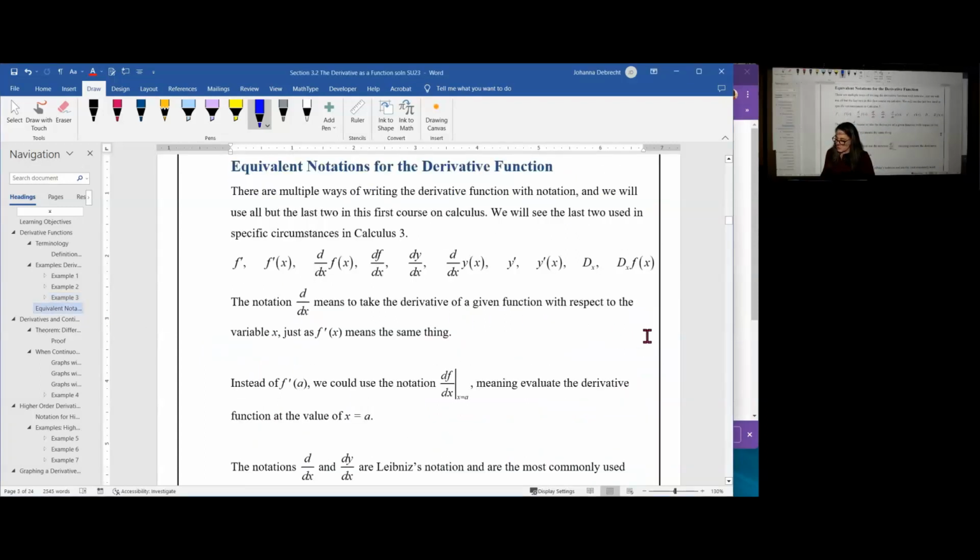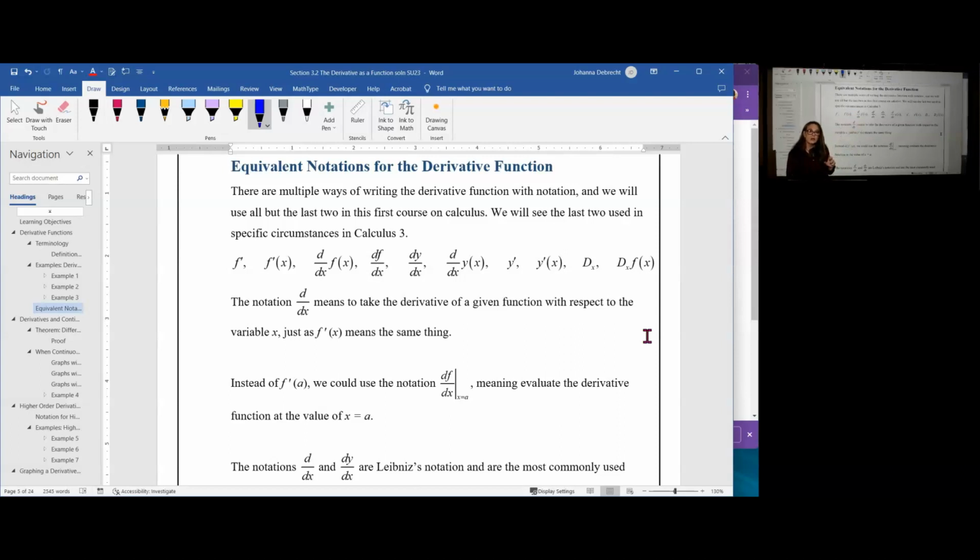When we're talking about equivalent notations, we have a lot of ways to write the derivative. When we look at the derivative, we've been writing it with what's called the prime notation. We can just write the function name with the prime and not indicate the independent variable, or we can write it with the independent variable next to it. We also have another notation, which is Leibniz's notation, this d over dx.